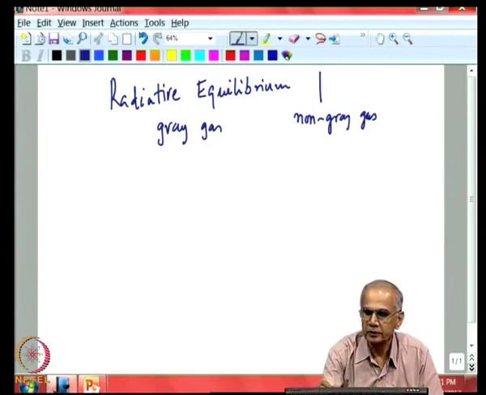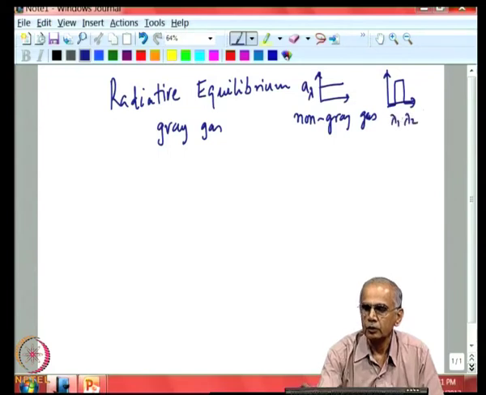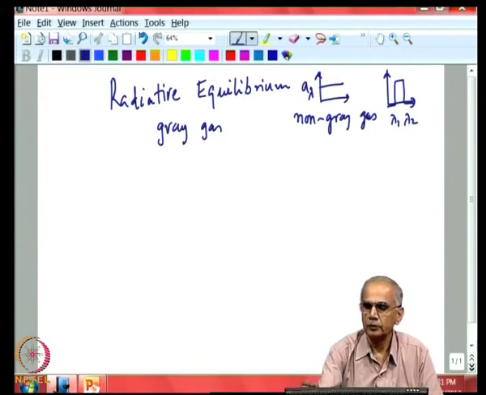So, the gray gas we think about is where A lambda is a constant, and in a non-gray gas we looked at A lambda with a very simple structure. In the range from lambda 1 to lambda 2 it was a constant value, and outside that it was not absorbing.